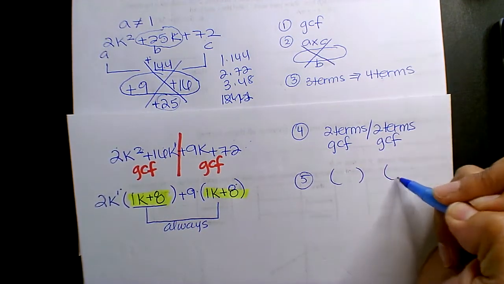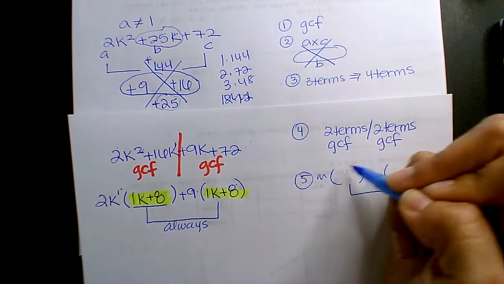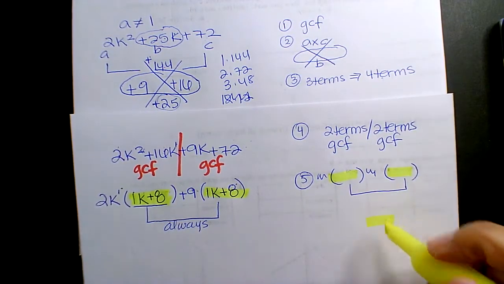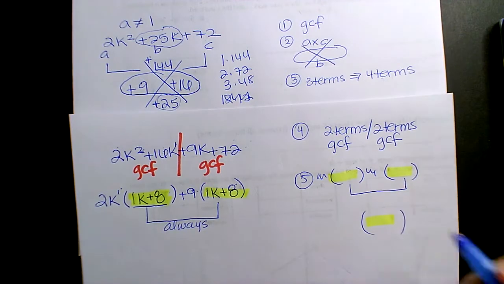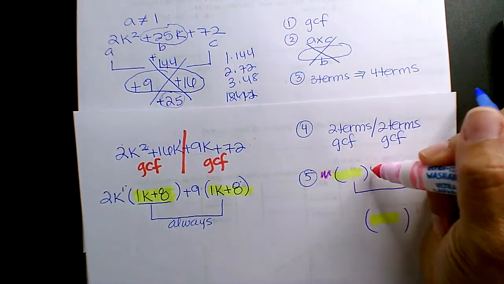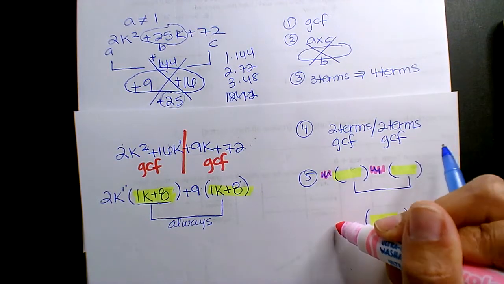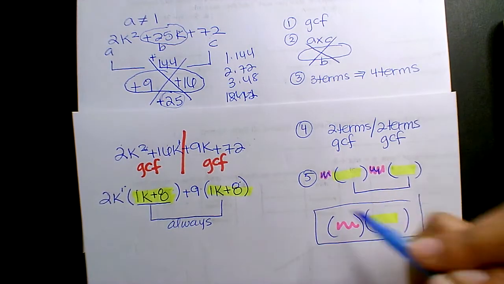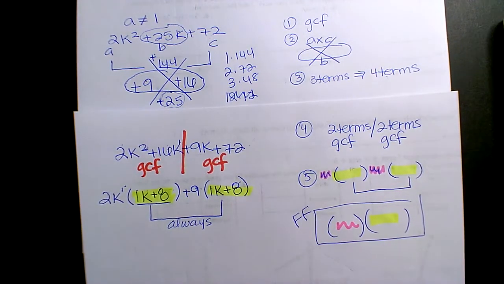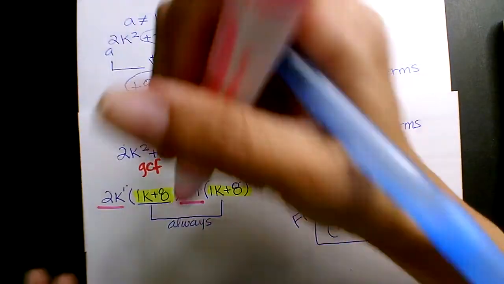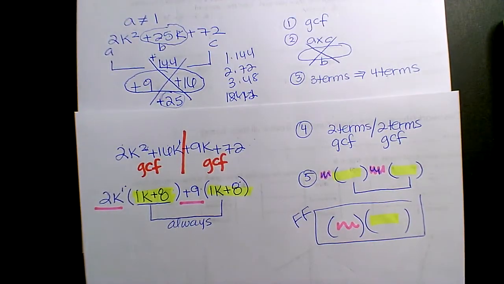Okay, so now the grouping. Your 2 matching, and we'll put whatever we want right here. These 2 are going to form one binomial. Here, I know it's just by colors, but hold on. The GCF part that you pulled out, they're going to form the other binomial, and that is factored form. Okay, so this 2k and this 9, those are the GCFs that we pulled out, right, from the 2 binomials.